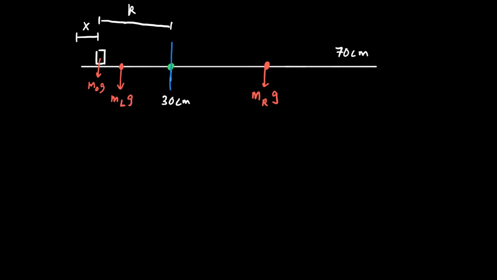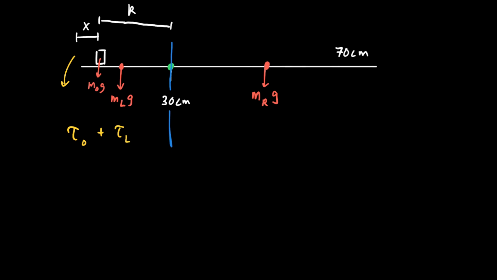The reason why I like to think of the problem this way is because now instead of just two torques balancing, we can separate the two sides of the meter stick. On the left-hand side of the axis of rotation, the axis of rotation is this 30 centimeter line. On the left-hand side, I have a torque from the object, which is a counterclockwise torque, and I have a torque from the left side of the meter stick.